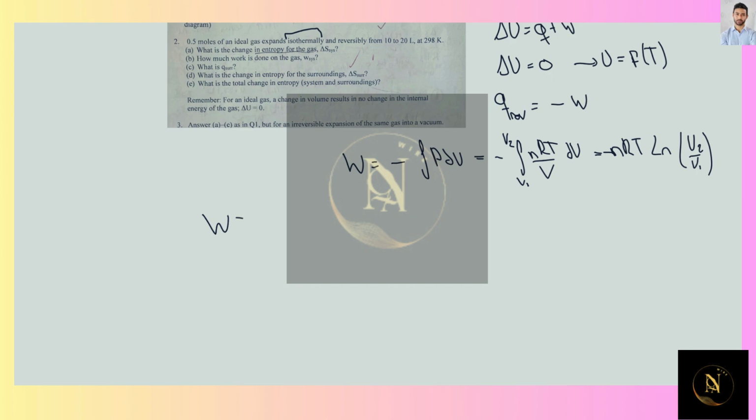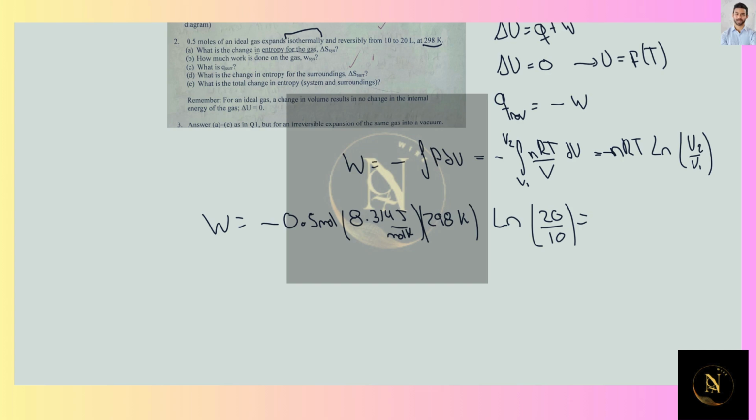So the value for the work would be equal to minus 0.5 moles times the gas constant 8.314 joule per mole Kelvin times the temperature, which is 298 Kelvin, times the logarithm of 20 divided by 10, which is logarithm of 2.